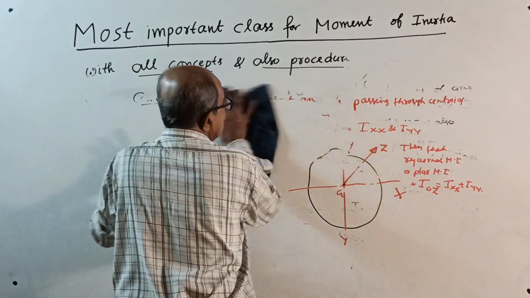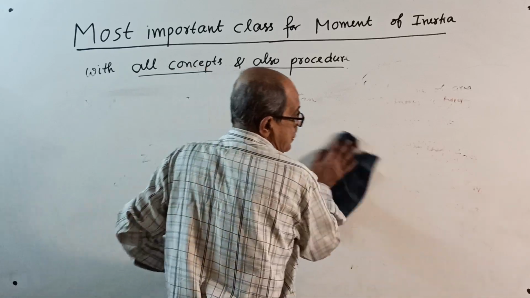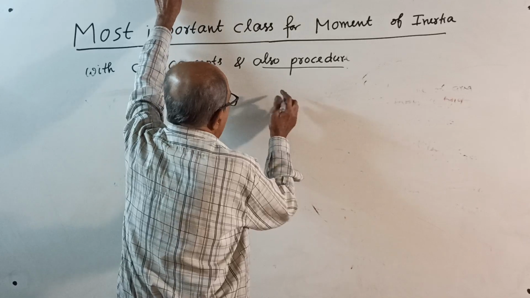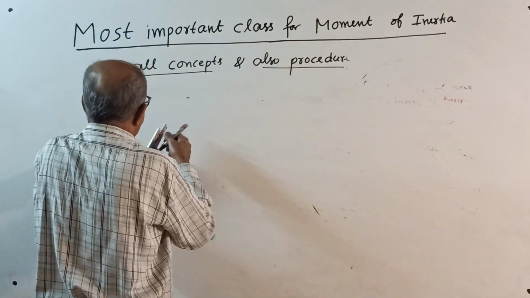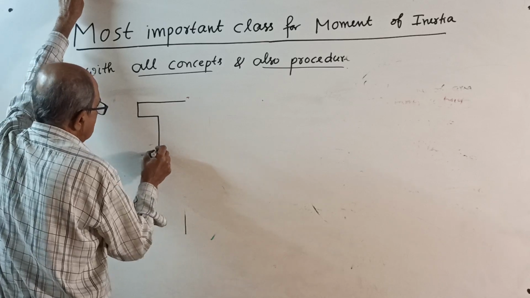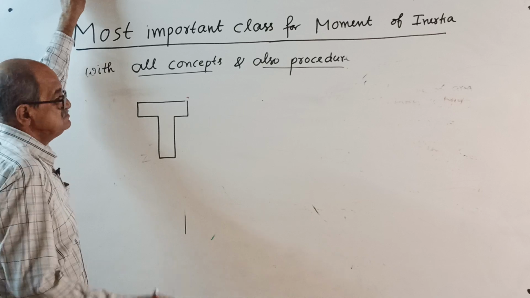Example. One example for you. Suppose in a question, an I section is given, and a T section is given. Make a note here, T section given.